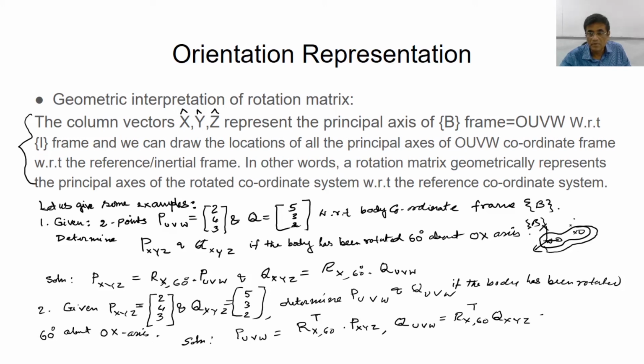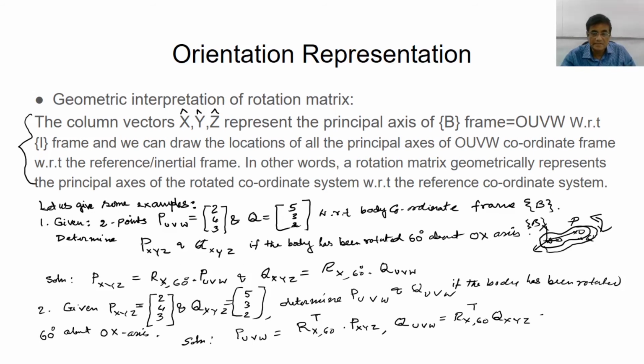and there was some point P, there was some point Q, and as I told, now the body has rotated. There could be many rotations, about the x axis of the inertial coordinate frame followed by the y axis of the body coordinate frame, and our objective is to track that rotation. So when rotated, its description changes.